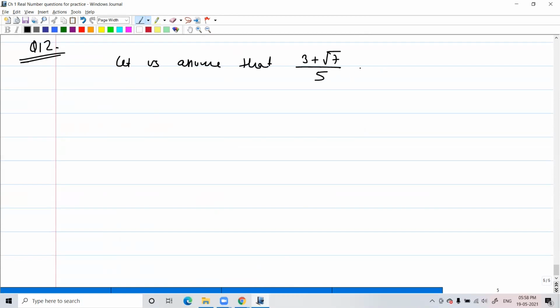Okay, so let's assume that 3 plus root 7 by 5 is rational. They're asking us to prove it irrational, so we assume the opposite, that it is rational.